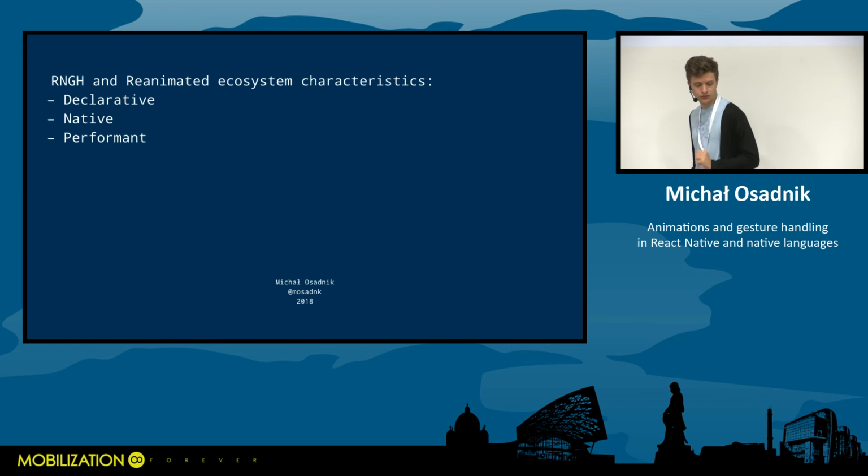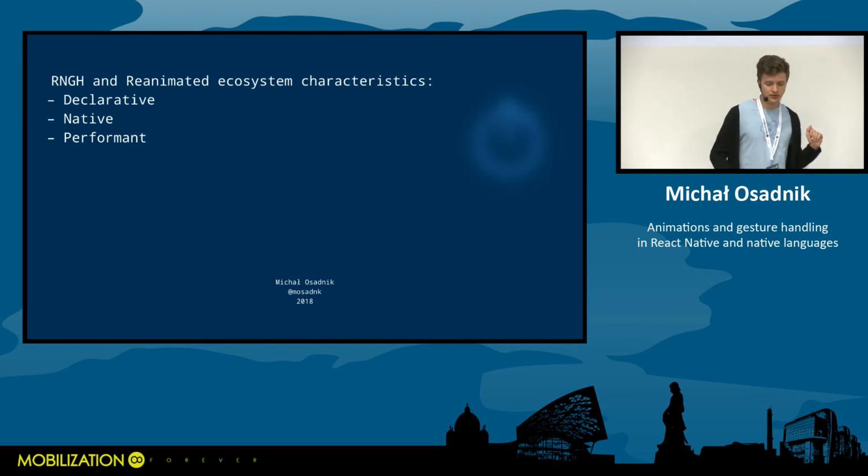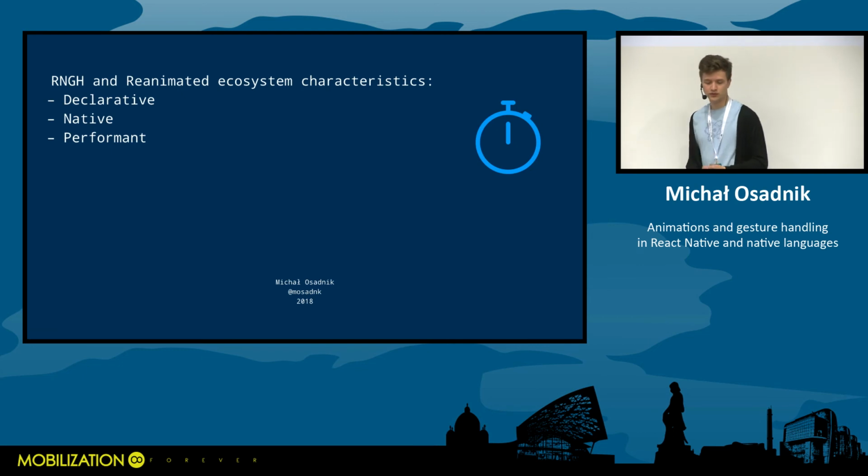So let me sum up and point out some main characteristics of gesture handler with reanimated. The first thing is that it is declarative. I mean that we do not care about how these views are being animated, or how my values are being attached to views. We just declare that we wish to do it, we connect the values, and all these layout changes are done via these libraries.